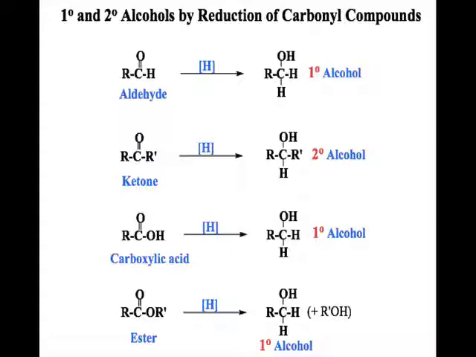Depending on what this ester is, if that's a secondary carbon, it'd be a secondary alcohol. But if you think about the reduction of the carbonyl portion, it's a primary alcohol. This is real easy to remember: everything gets reduced to a primary alcohol with the exception of ketones, and ketones get reduced to secondary alcohols. That's easy to remember, right?